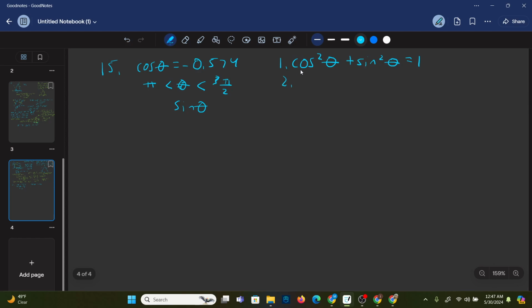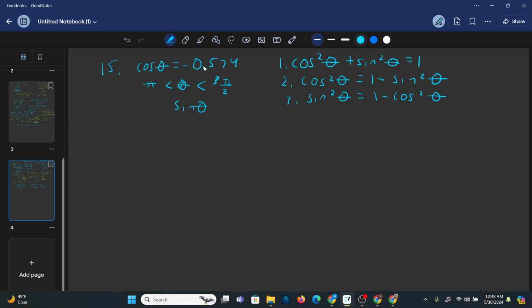The second one is cos squared theta equals 1 minus sine squared theta. And the third one is sine squared theta equals 1 minus cos squared theta.